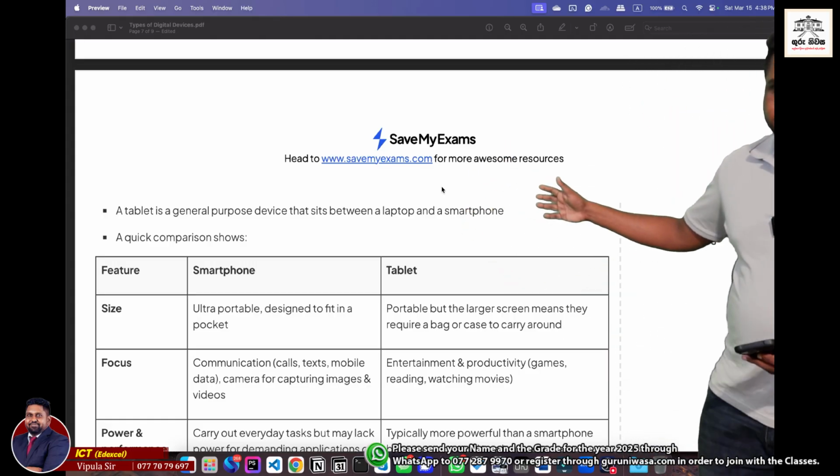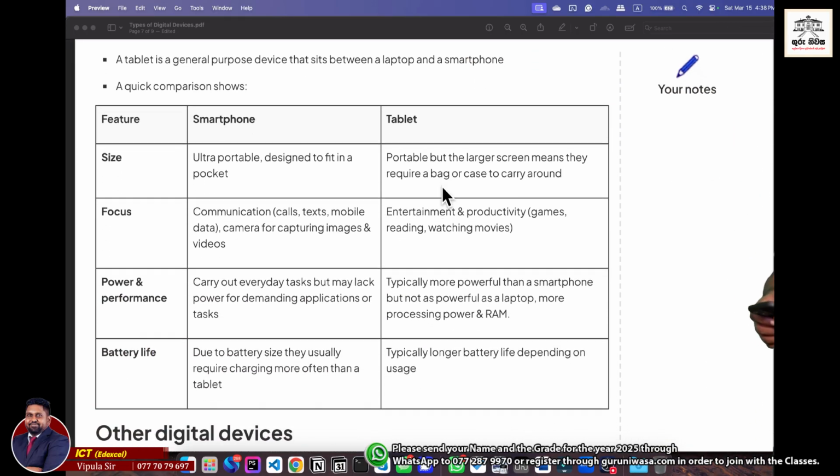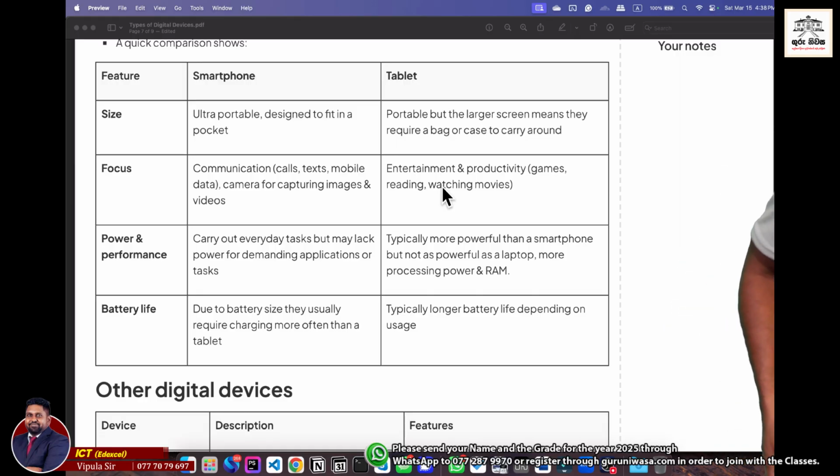So let's do a quick comparison. Size-wise, a smartphone is pocketable. Yes, it is portable because the idea is it is designed to be put into your pocket and to be portable, right?